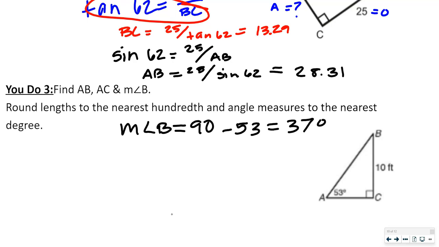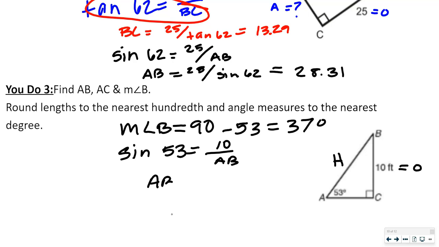What do we want to find first? AB. So this is our hypotenuse, and this is opposite. So that's going to be the sine of 53 equals our opposite, which is 10, over our AB. They're swapping places again.